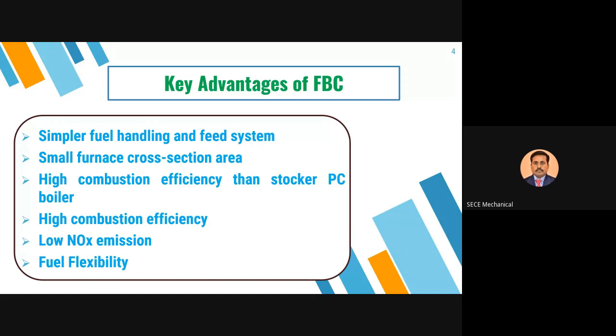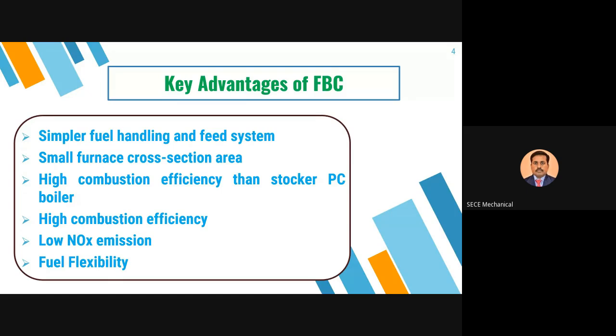For that reason, we are introducing FBC, so we can produce high combustion efficiency. That is the third advantage of FBC. And the fourth one is already noted: combustion and temperature both will be increased. That's why it is mentioned separately as high combustion efficiency.